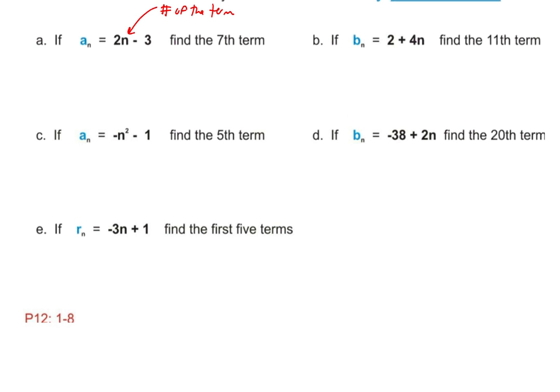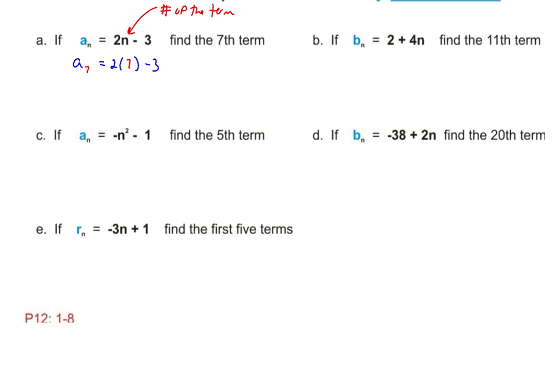Okay, so here's what I'm talking about. In this example, they want us to find the seventh term. So I want the subscript to be 7. I want a sub 7. I want the seventh term. So simply put, I'm going to substitute in 7 for the n. I did it with the subscript, and I'll do it in the formula part.